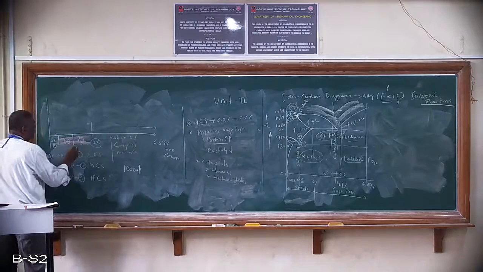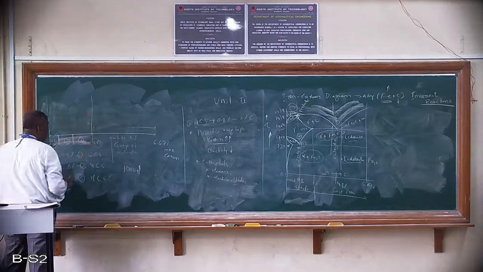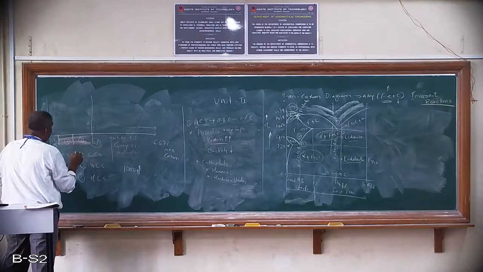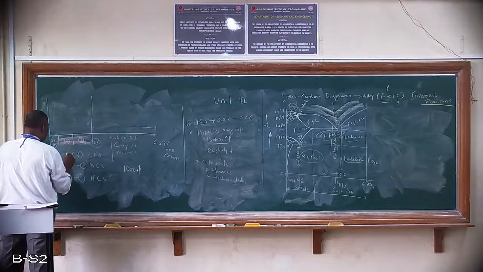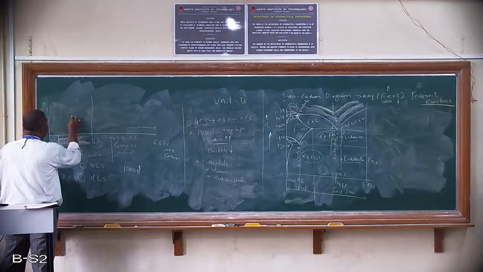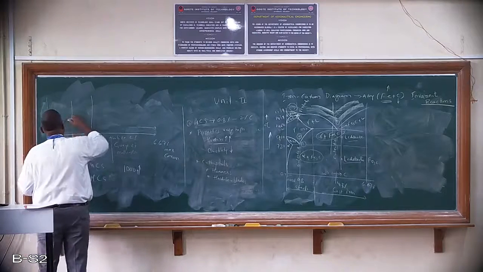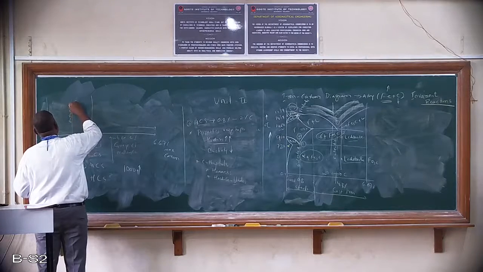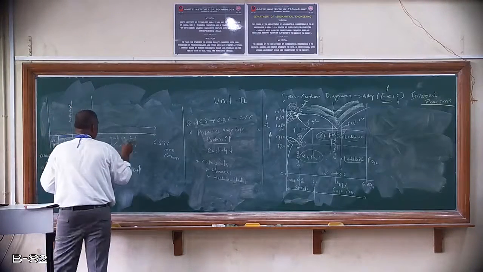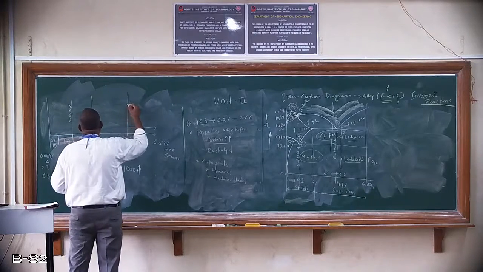You can see up to this, 0.8. This is 0.8. This is the region called eutectoid, and at 4.3% here you can take eutectic.